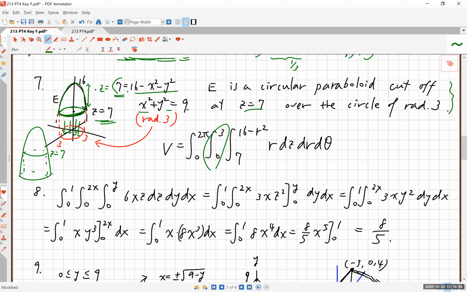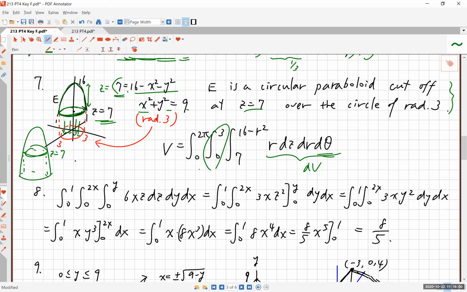Okay, at this point it should be easy to come up with your triple integral. Theta goes from 0 to 2 pi. Oh, by the way, you should always write, before you do anything else, at this point, r dz dr d theta. That's your dV in cylindrical coordinates. Theta goes from 0 to 2 pi, that's all the way around.